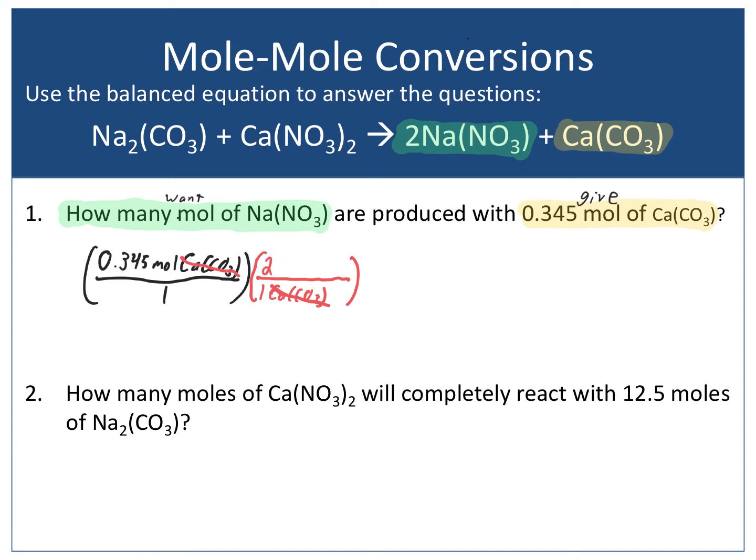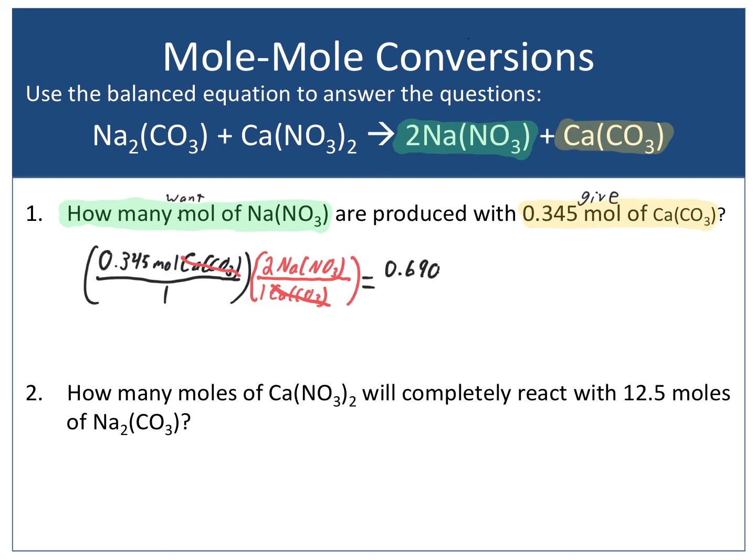There are 2 NaNO3s in my balanced equation. 0.345 times 2 is 0.690. My units that have not canceled end up being moles of NaNO3.